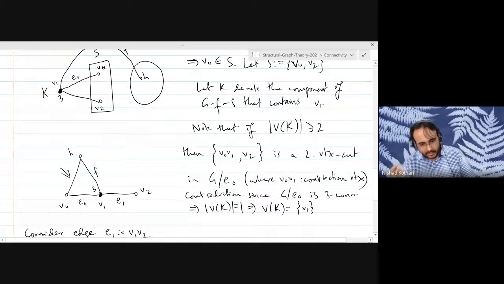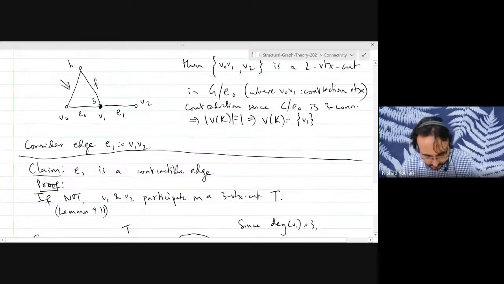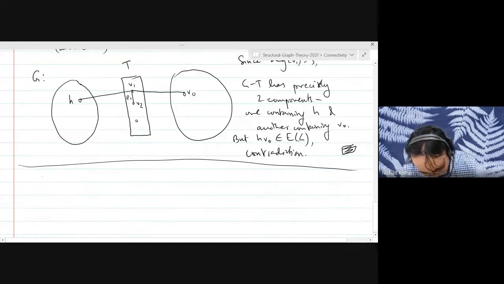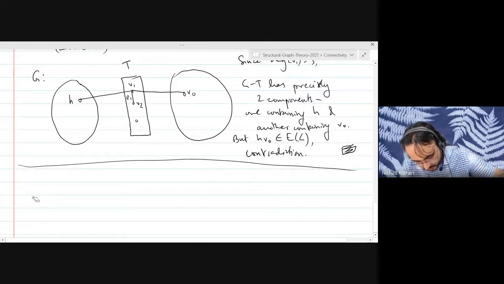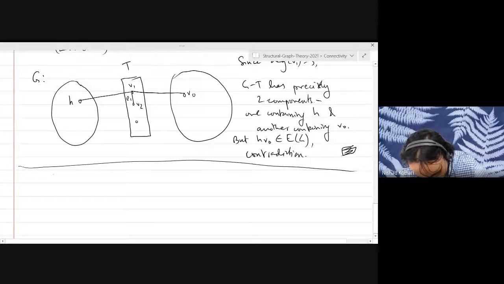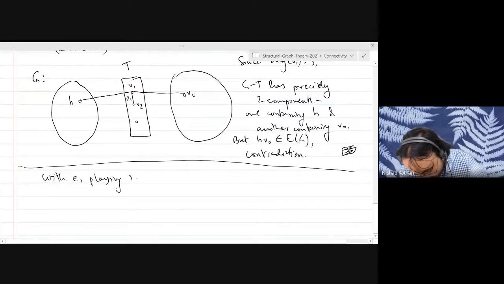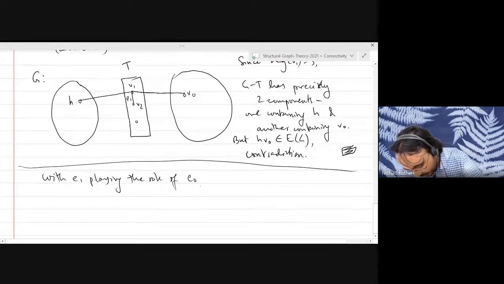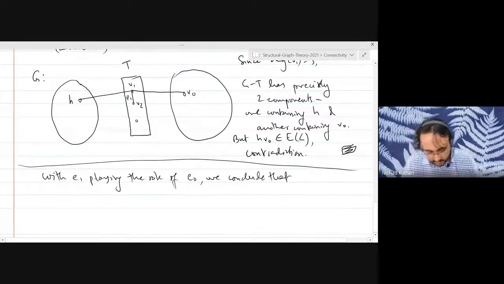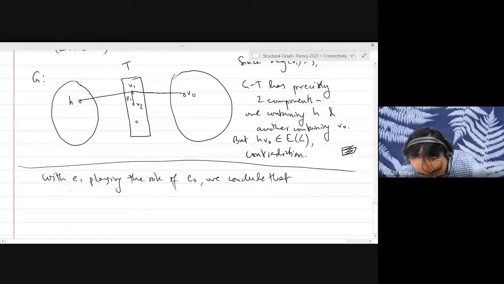The vertices V1 and V2 must have a common neighbor. With E1 playing the role of E0, we conclude that the ends of E1, V1 and V2 have a common neighbor.